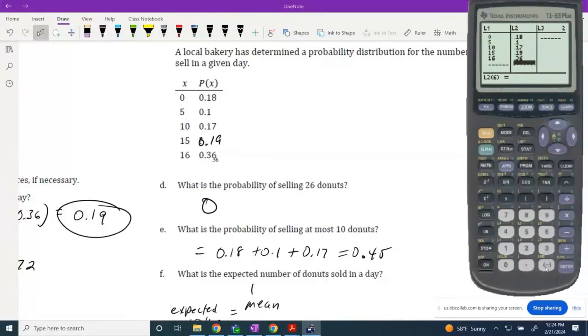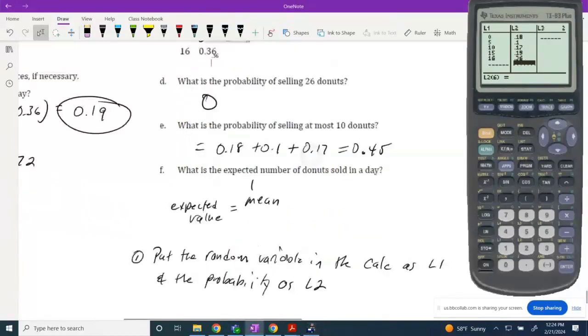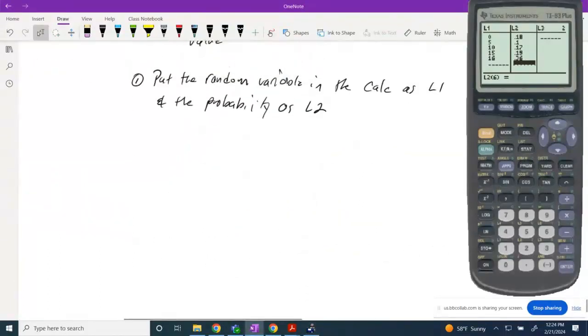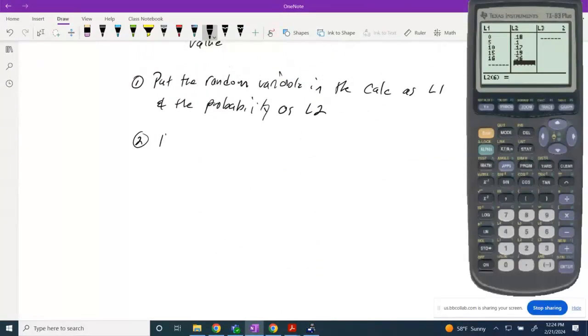All right. So once you have your random variable in list 1 and your probabilities in list 2, we're going to go back to the home screen. It's second and mode, which is the quit key.